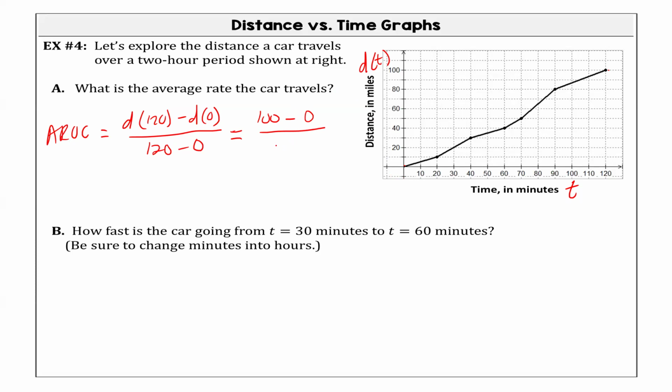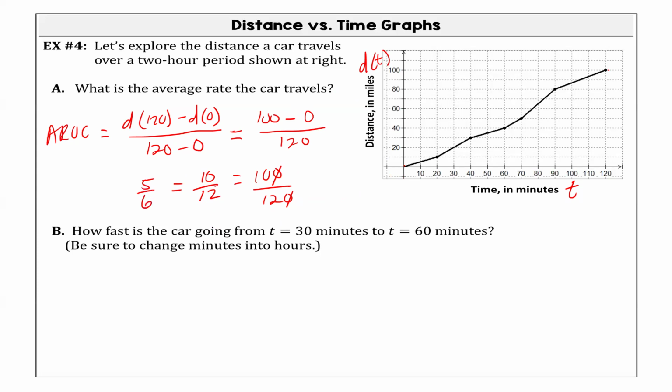Is it at 120? Yeah, right? Okay, so then I keep simplifying. And we have 100 over 120. I can drop these zeros, right? And now I'm left with 10 over 12. And we get 5 over 6.